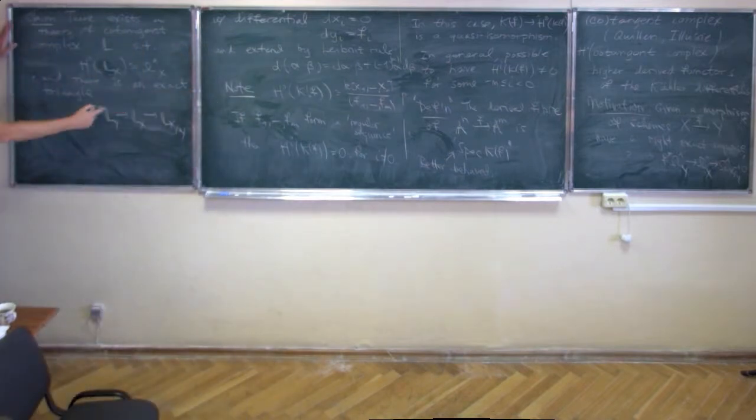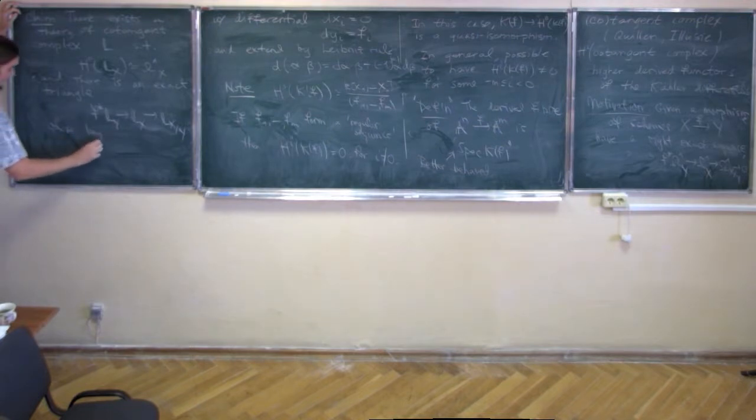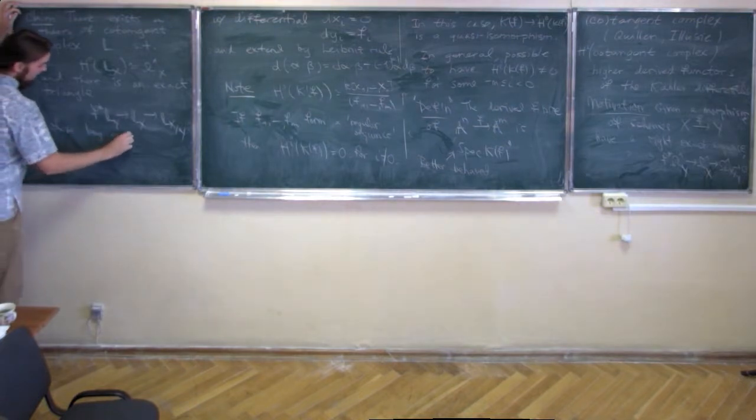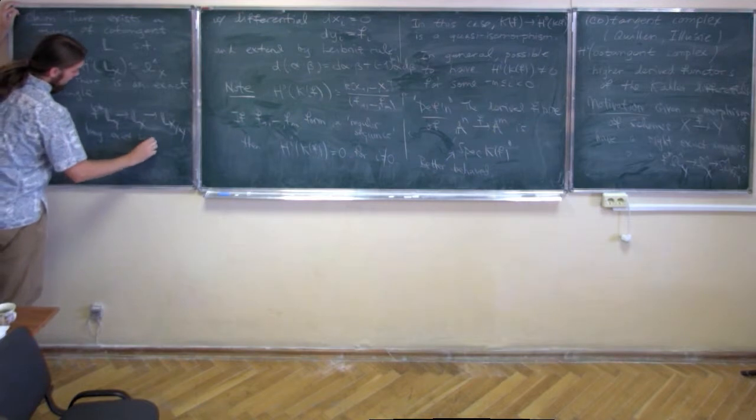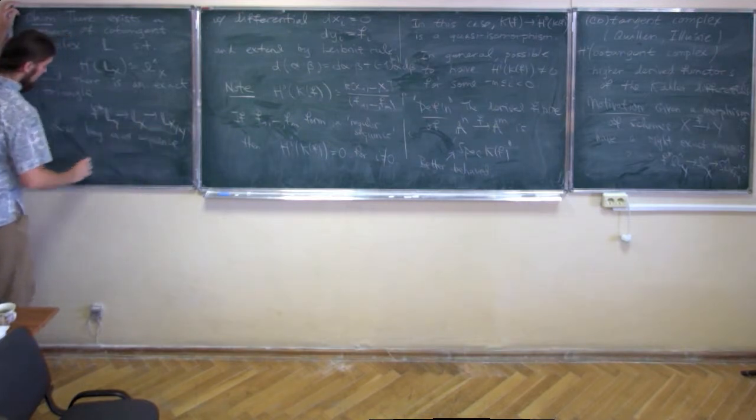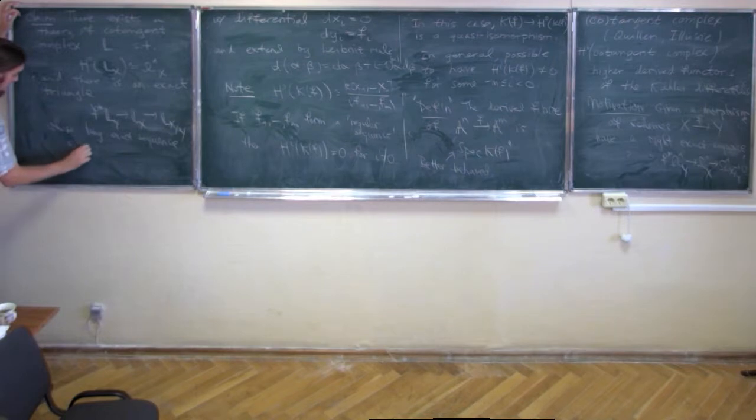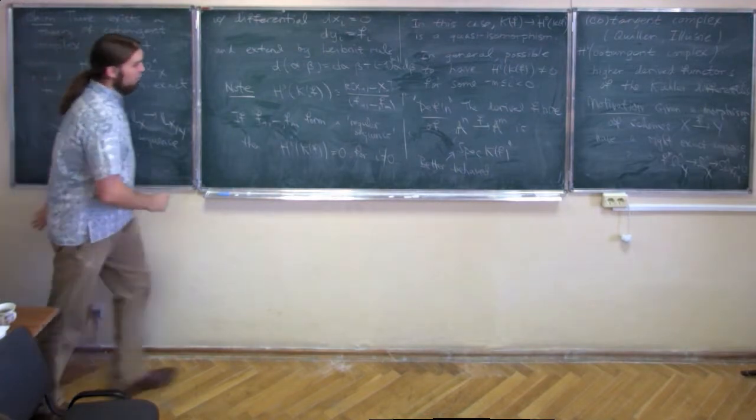So this is kind of like an exact sequence of complexes. If you take cohomology, you get a long exact sequence, completing star, where star is this thing.